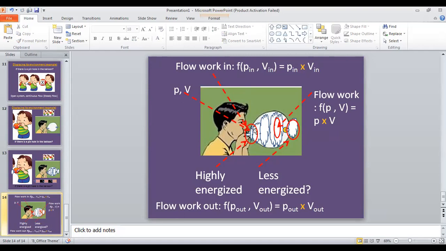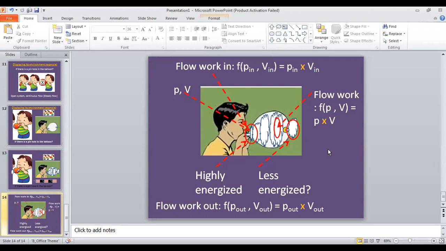There's a pressure, you feel it, and there is a volume of air. So flow work is a function of pressure and volume. At pressure P, if you blow a volume equivalent to V, the work done by your blowing from the mouth is P times V. That is flow work.